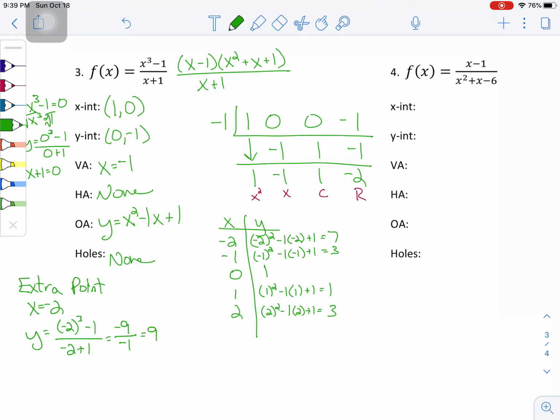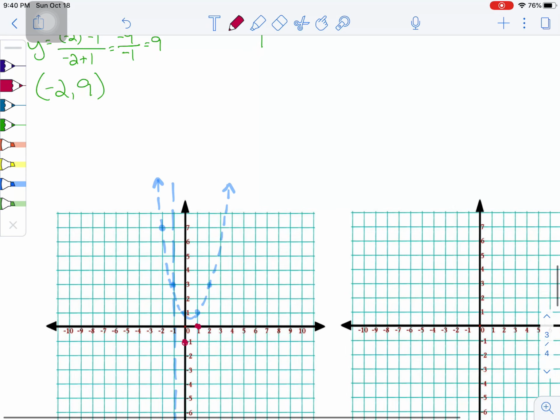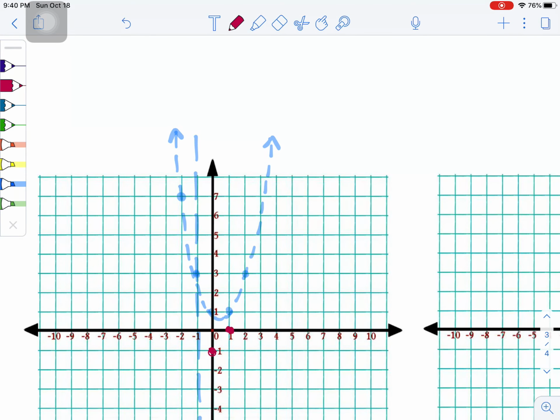So this turns into 9. We have an extra point at (-2, 9). Okay. So I'm going to slide back down to my graph and graph that point as best I can, because apparently I've now run out of curve. So -2... There's 8. 9 is going to fit right in here.